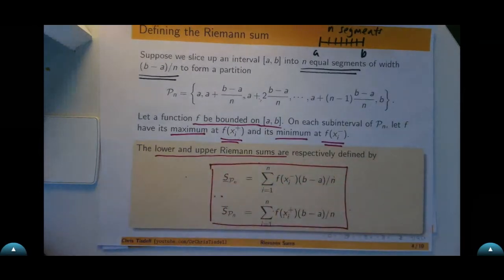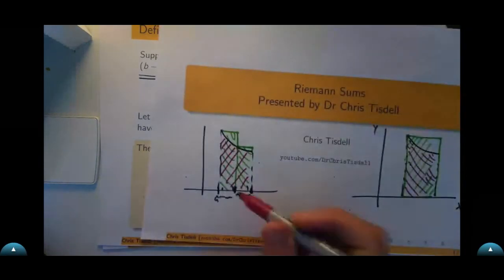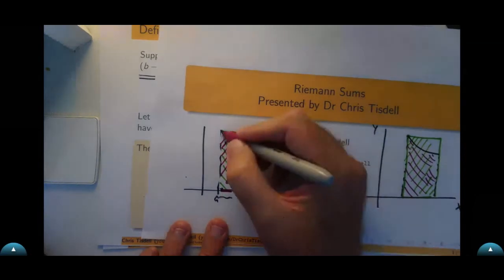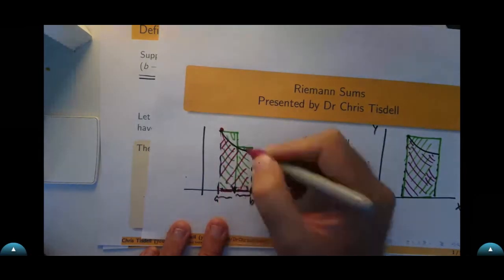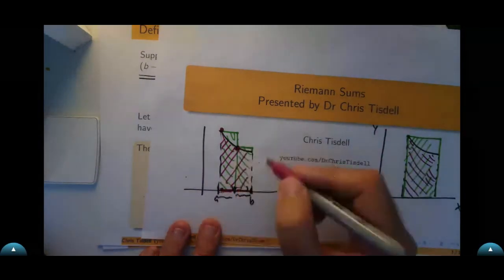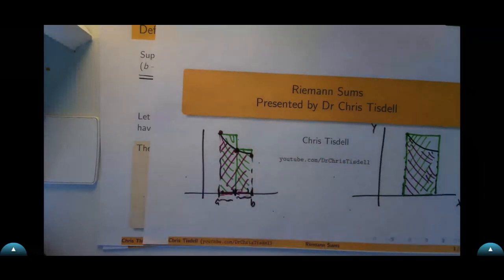Okay, so if I go back to my original picture, I've split this interval up into 2 parts. On this interval, there's the maximum of f. On this interval, there's the maximum of f. On this interval, there's the minimum of f. And on this interval, there's the minimum of f.